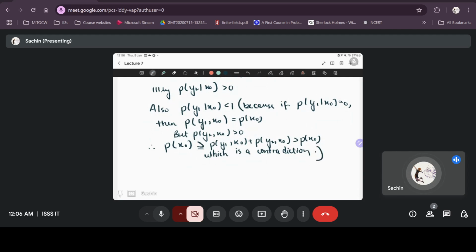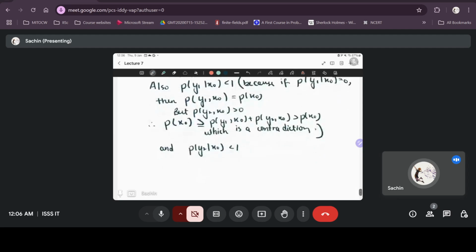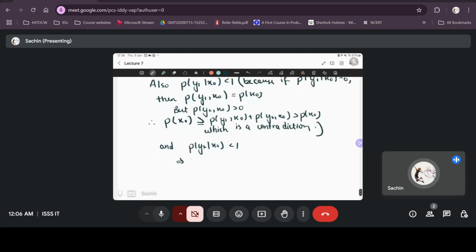So therefore p of y1 given x0 is less than 1 and p of y2 given x0 is less than 1, which implies log of 1 over p of y1 given x0 is greater than log 1, since log is monotonically increasing, which is 0.